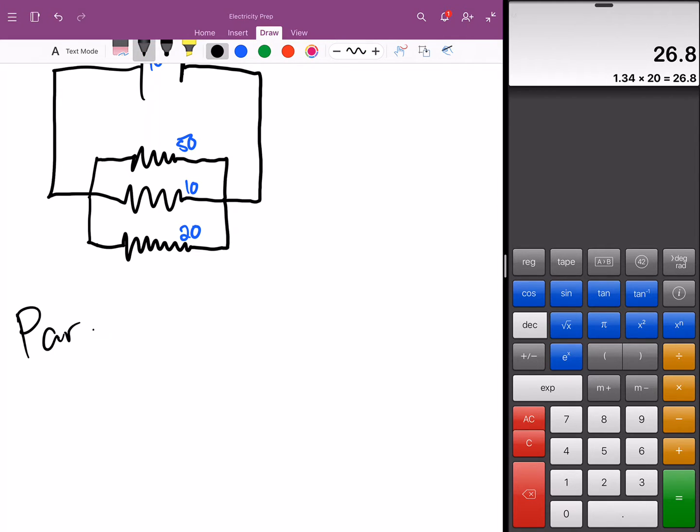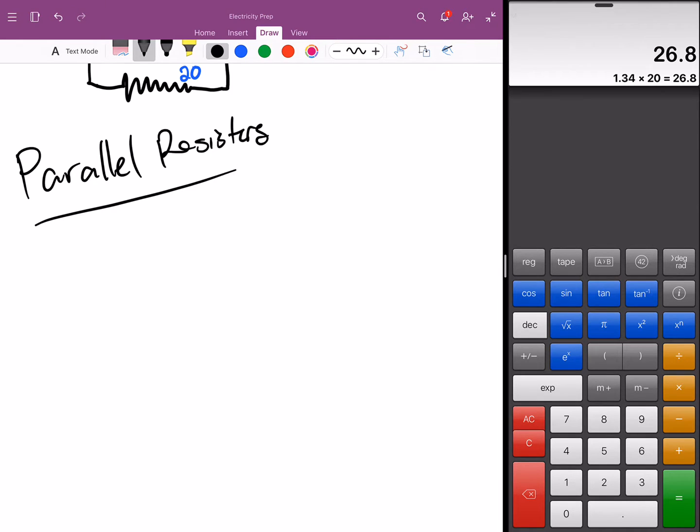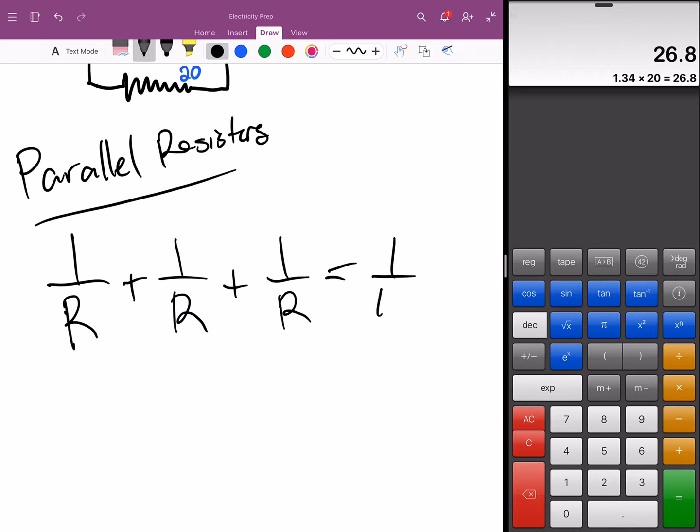When it comes to parallel resistors, similar to the mirror equation, you have 1 over R, 1 over R, as many 1 over R as you require. These values are coming from your resistors. Then this will equal your final resistance value.